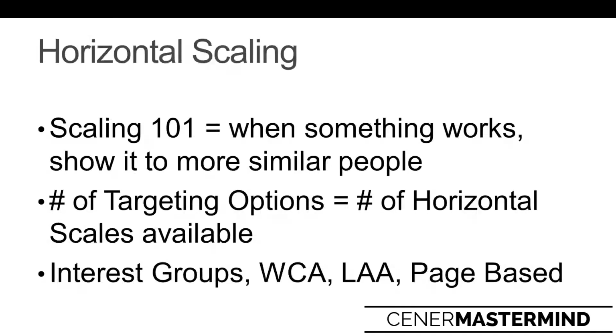Okay. So horizontal scaling, very important, very powerful, very misunderstood. Scaling 101, again, when something works, show it to more similar people. Okay. So the number of targeting options you have, which in our case means the number of interest groups you have, that directly corresponds to the number of horizontal scaling opportunities you would have available.